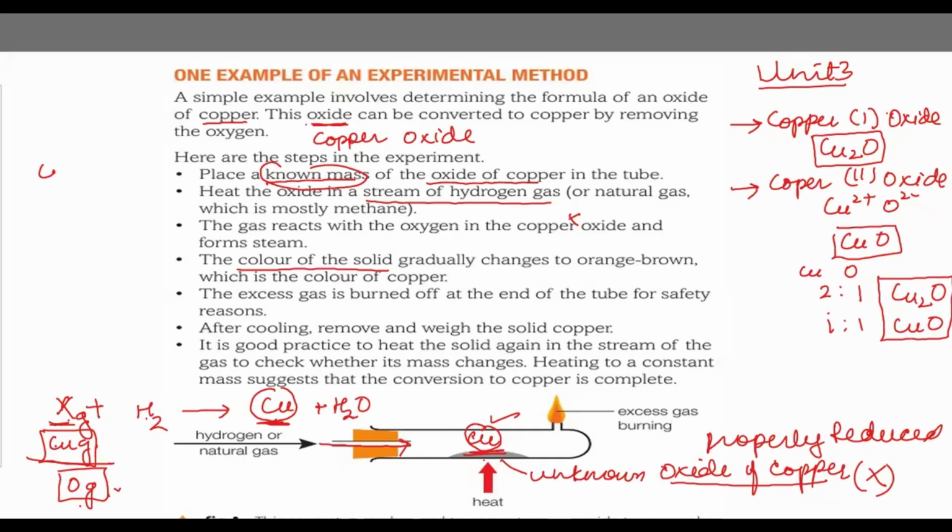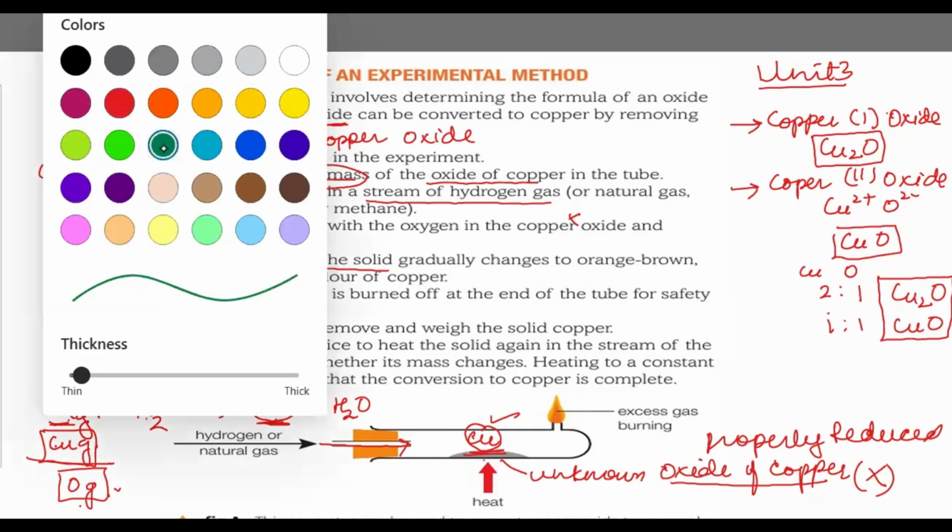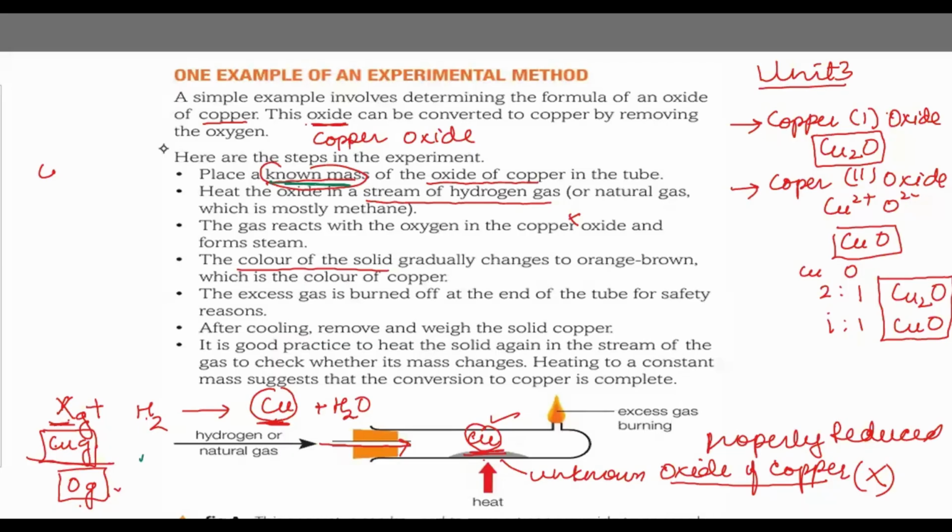Initially, we took the known mass of copper oxide, the mass of X. Then after heating, we got the mass of copper. So we performed the experiment to calculate the mass of copper, which we obtained by reducing copper oxide with hydrogen gas.